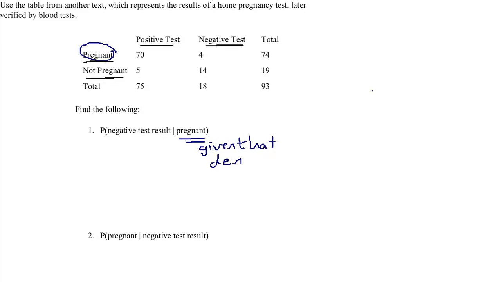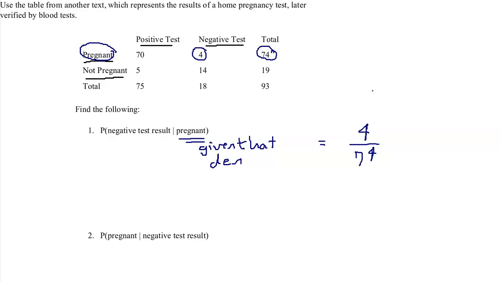Pregnant, the total is 74. 74 people, women, I assume women, no point in getting a home pregnancy test if you're a fella. So 74 women are actually pregnant. How many of those got negative test results? 4. That's not too many. If you are pregnant, it's not very often you get a false negative, a result that says you're really not when you actually are.